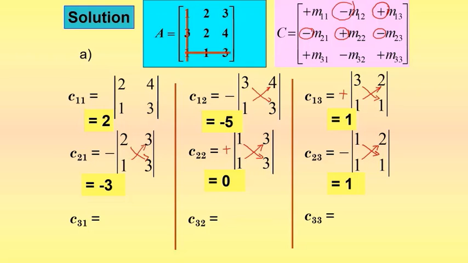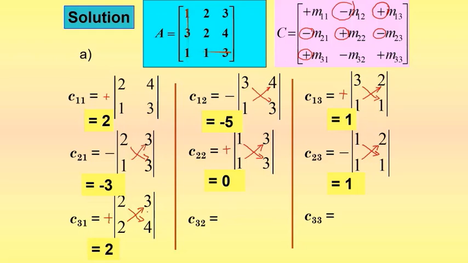Okay, C31. By deleting the third row, first column, the sign that we have is positive. Okay, so positive here. So we have 2 times 4 minus 2 times 3.